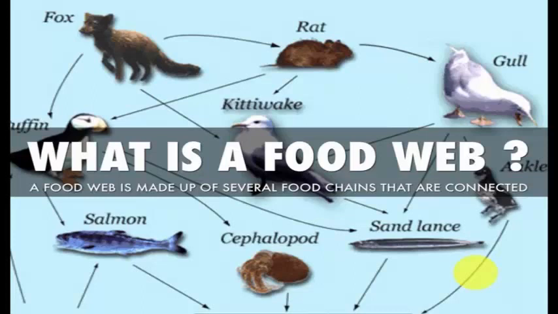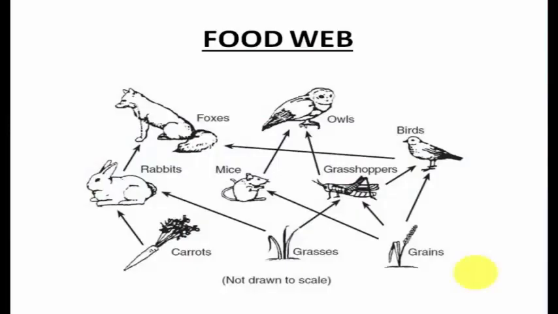It is not just a linear chain like that, but one particular living organism can be eaten by two, and that organism can in turn eat two more. So that becomes a food web, with a lot of interconnected food chains. So let's talk about this food web.